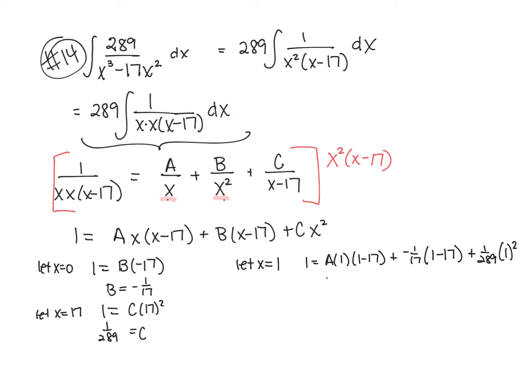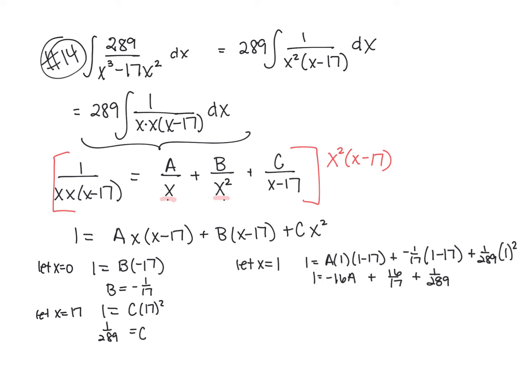This creates negative 16a equals 1 minus 16/17 minus 1 over 289. This is fun. Okay, I'm going to cheat and use my calculator here.